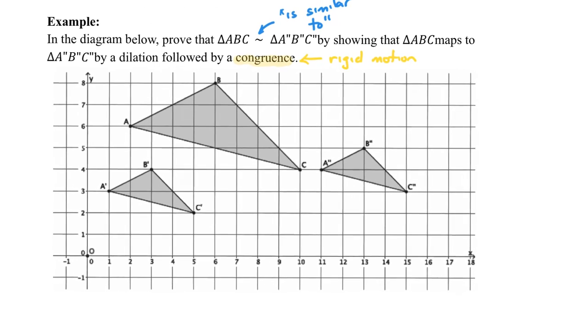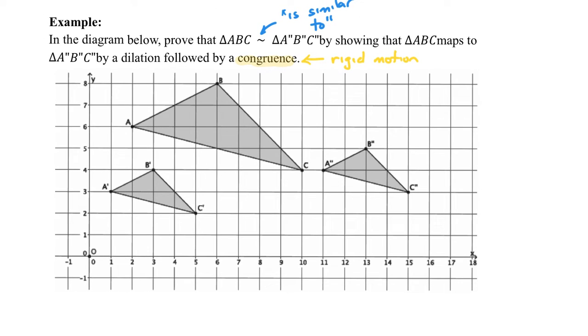Okay, so let's take a look at what happens here. We want to do a dilation followed by a congruence. So in this diagram, which is really, really nice, they actually give us the intermediate triangle. They actually give us the one that's between the dilation and the congruence. So take a look at what happens here. I know that a dilation is happening.